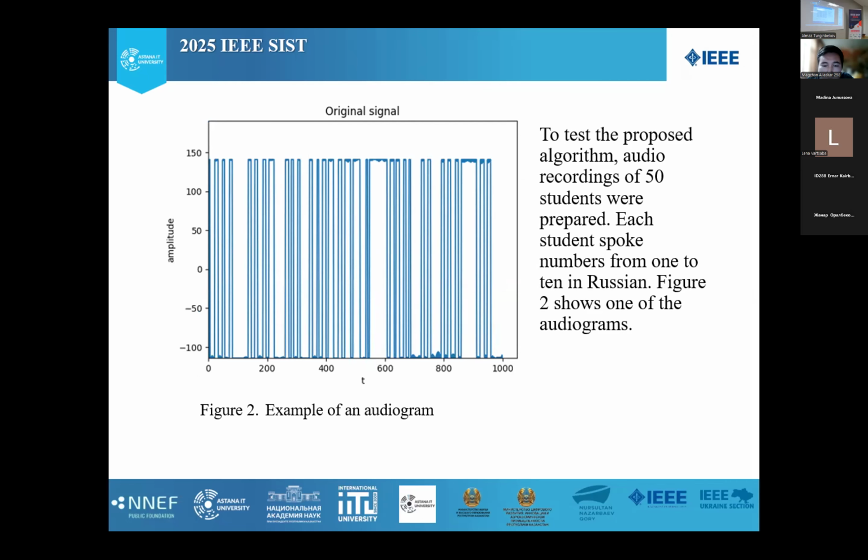Next, we processed audio recordings from 50 students, each saying the numbers 1 through 10. We converted WAV headers into amplitude time series, applied our harmonic fitting, and extracted 10 voice features. Our method achieved 72% recognition accuracy on this task, demonstrating its utility in speech analysis.